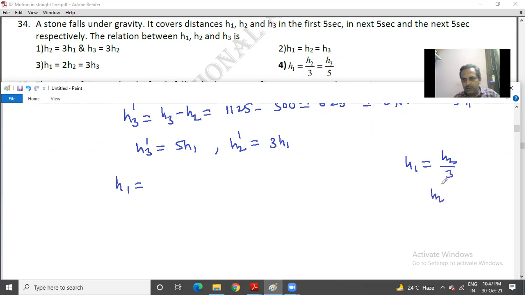In particular, you take it as H2 dash, which is 3H1. Similarly, H1 you can compare with H3: H1 is equal to H3 by 5, since H3 dash is 5H1. So this option is verified. This step is not required.